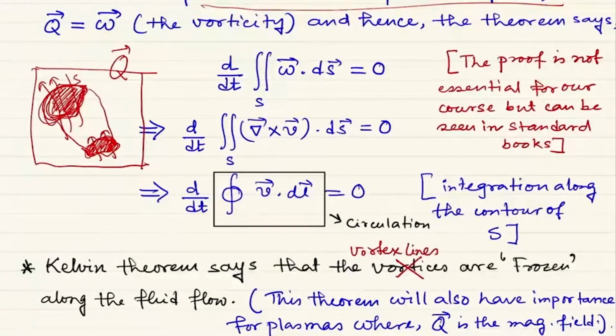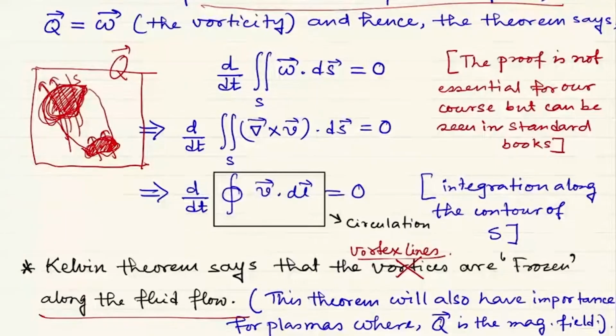So the vortex lines are actually frozen along the fluid flow. What is the meaning of that? That means the total number of vortex lines which were passing through this surface is actually not changing. So the same number of vortex lines are now passing through this surface.